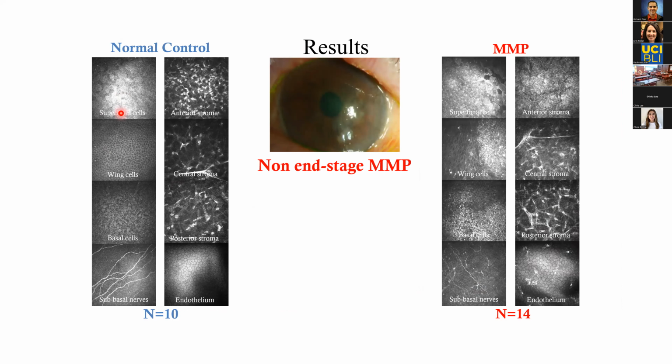And just visually comparing the left to the right, you can also already see that the morphology of the epithelial cells has changed. We call this metaplasia, because the hyperreflectivity and enlargement of the cells means that they're desquamating at a faster rate than the normal ones. And we also see that there's loss or decreased density of the corneal nerves.